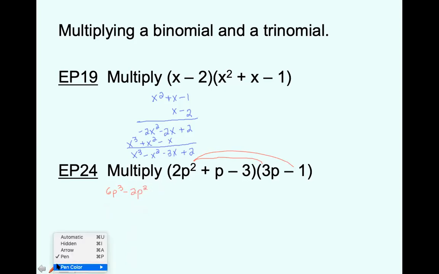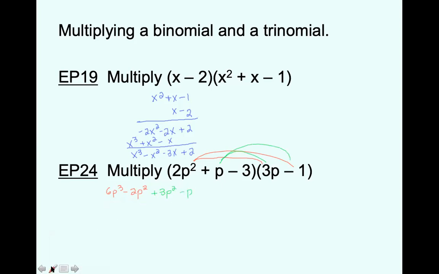Now I'm going to switch colors here again. Now I need to multiply the p times everything in the second parentheses. So I have p times 3p is a +3p squared. I have p times -1 is -p.